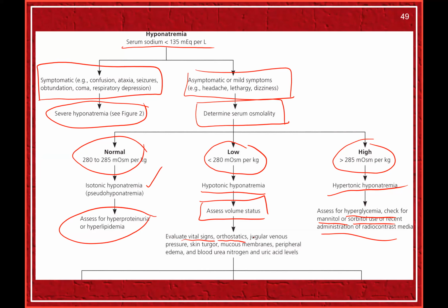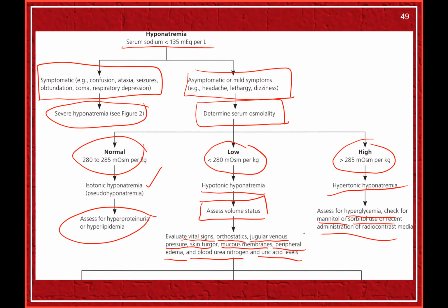Orthostatic changes, that is, change in the blood pressure, and then any jugular venous distension, skin turgor, mucous membrane dryness and moistness, then peripheral edema, blood urea nitrogen, and uric acid levels.